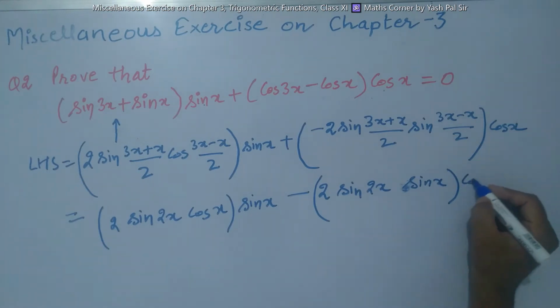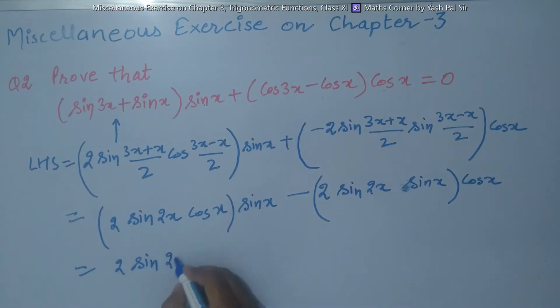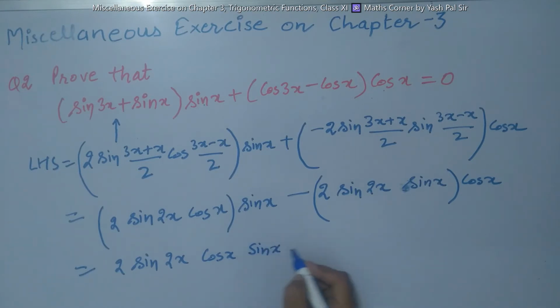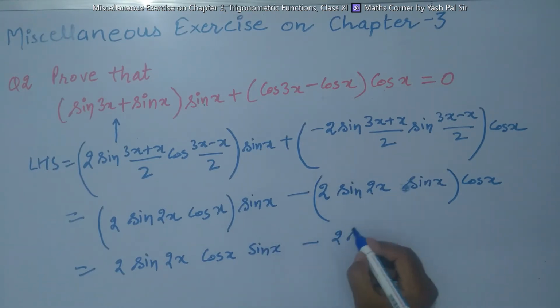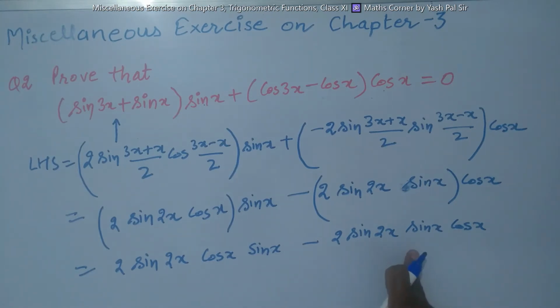Outside this is cos of x. So what we see, this becomes 2 sin of 2x cos of x sin of x minus this is also 2 sin of 2x sin of x into cos of x. These two terms are the same, one is in plus, second is in minus, so the answer is equal to 0, which is the right hand side, hence proved.